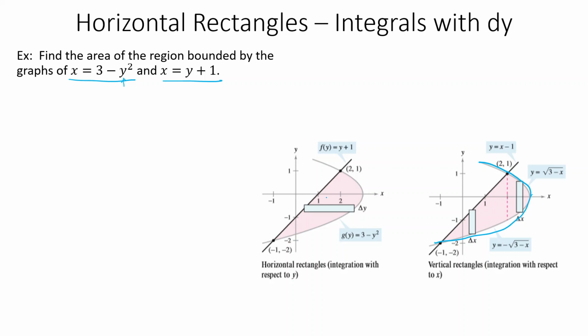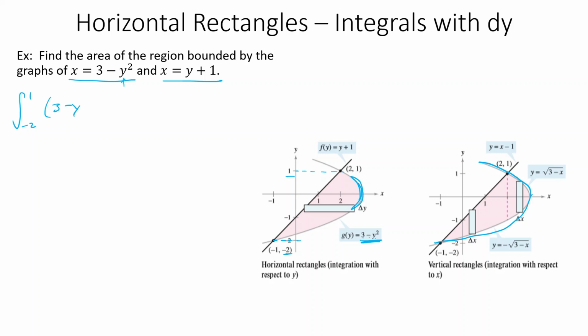But if we do it with respect to y, it's not so bad. So it looks like they cross at negative 2 on the y-axis and at positive 1 on the y-axis. So the integral would then be from negative 2 to 1 on the y-axis. And it looks like the curve on top is the g, which is the 3 minus y squared.